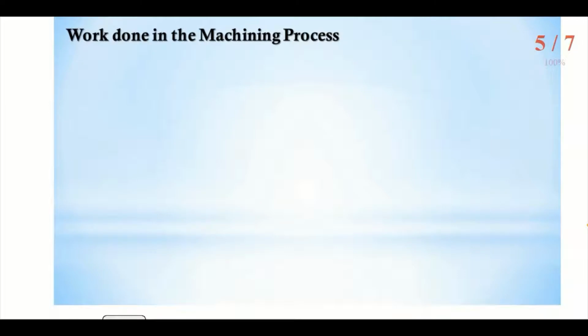Next is work done in machining. Whenever we want the work done in machining to form the chip, this shear stress must be greater than or equal to the ultimate shear stress.